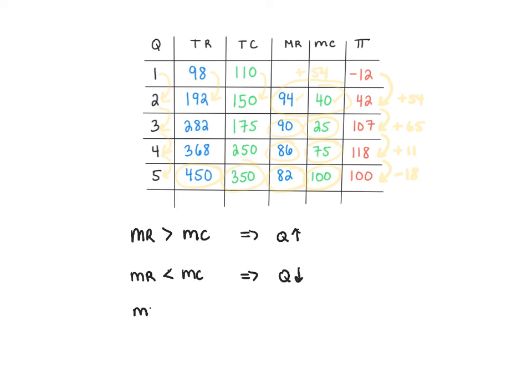Whenever the firm's marginal revenue equals its marginal cost, there's no further adjustment to output that could increase its profit. Therefore, output is at its best level. Profit maximization occurs when marginal revenue equals marginal cost because no further output adjustment will increase total profit.